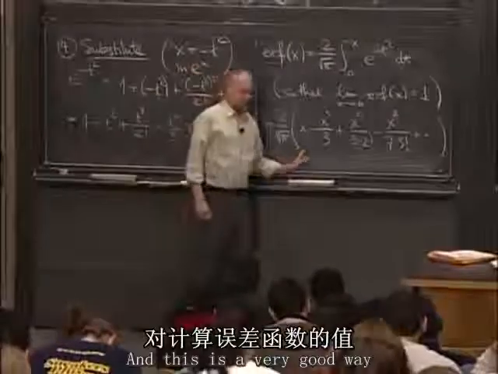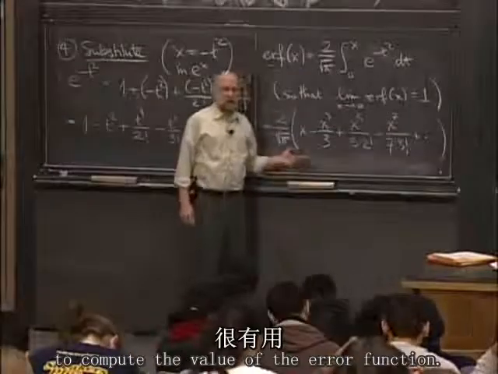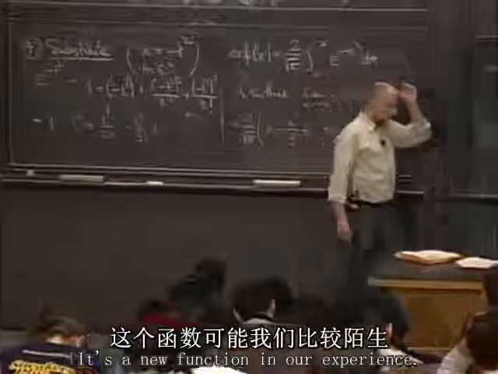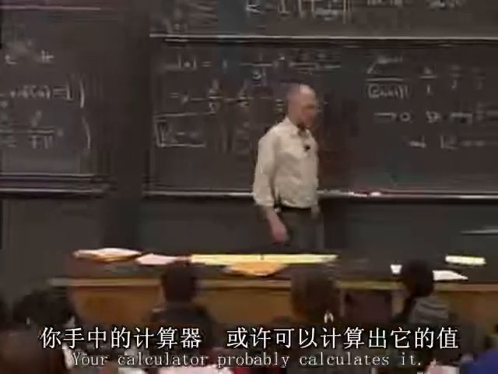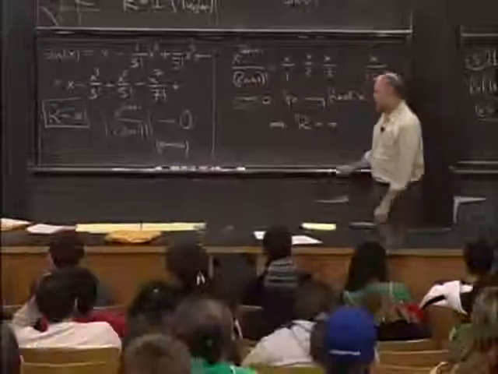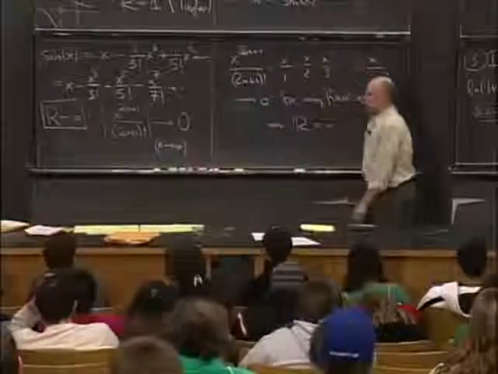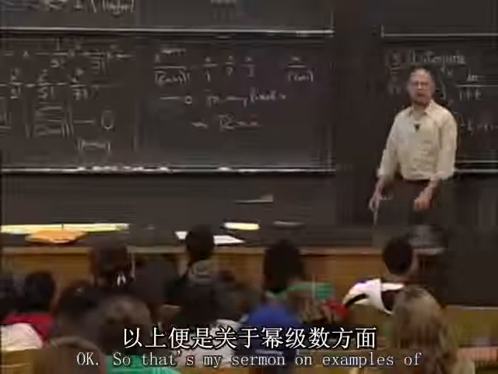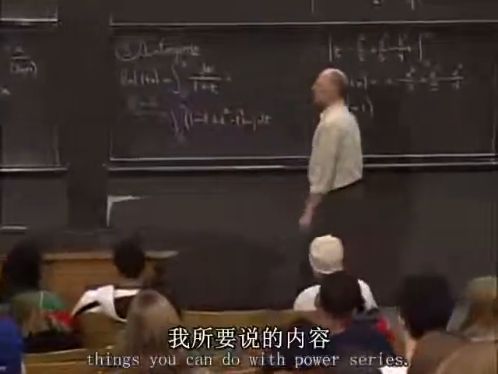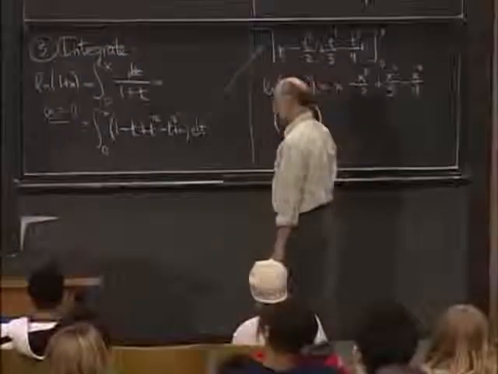And this is a very good way to compute the value of the error function. It's a new function in our experience. Your calculator probably calculates it, and your calculator probably does it by this method. Okay, so that's my sermon on examples of things you can do with power series.